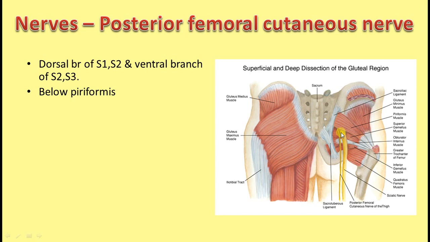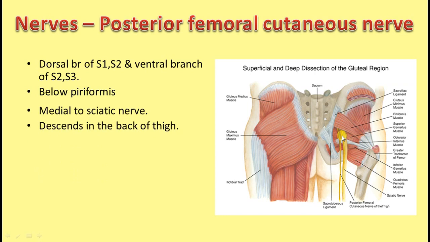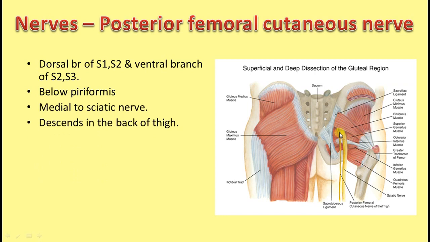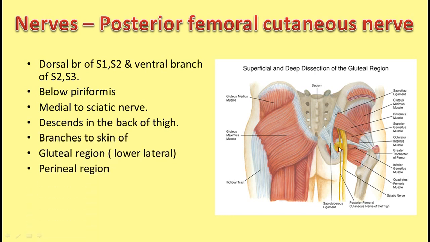Below the piriformis, present medial to or sometimes posterior to the sciatic nerve. It descends in the back of thigh and gives gluteal branches. It is a cutaneous nerve, gives gluteal branches to the skin of the gluteal region. We have seen the lower part of the gluteal region. S1, S2 and S3.